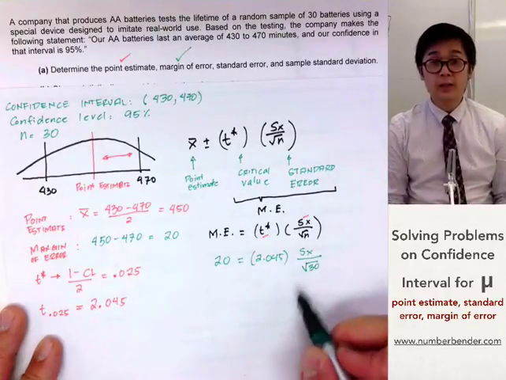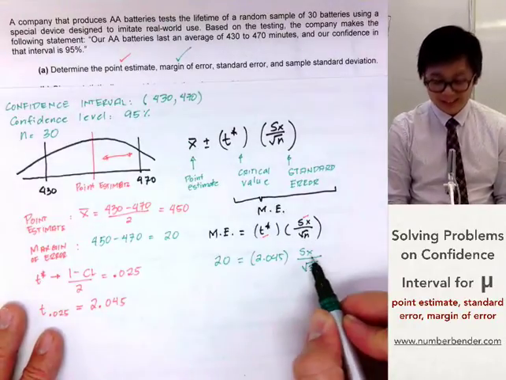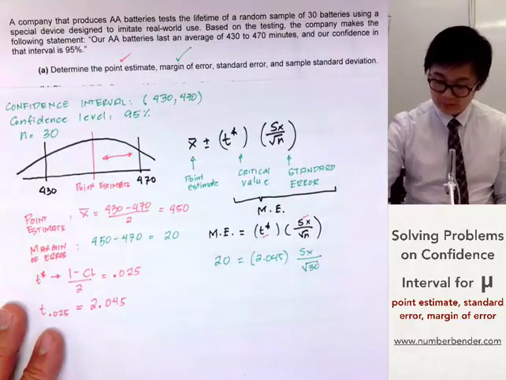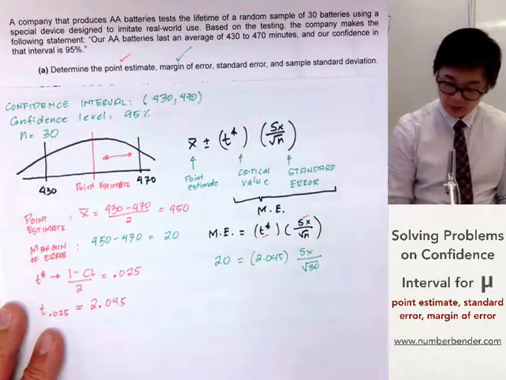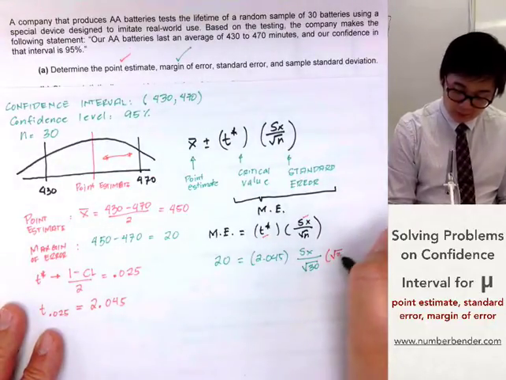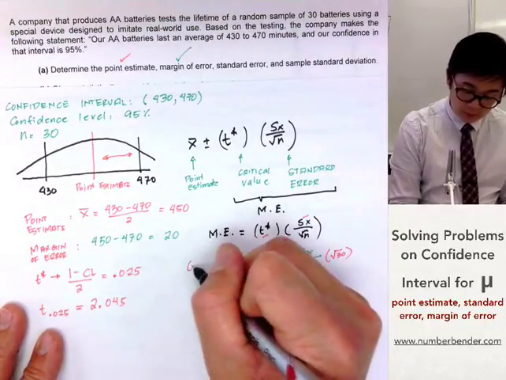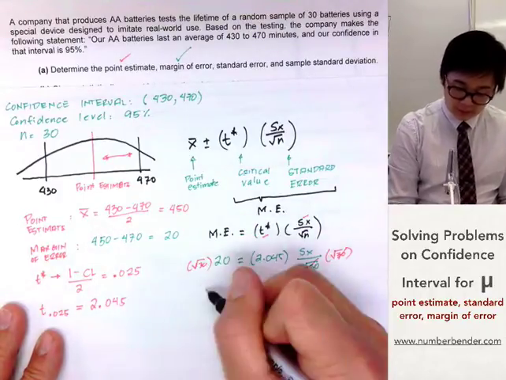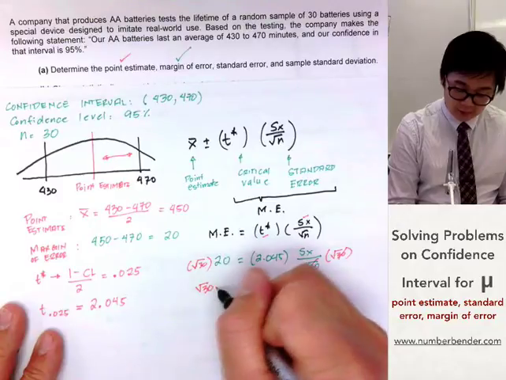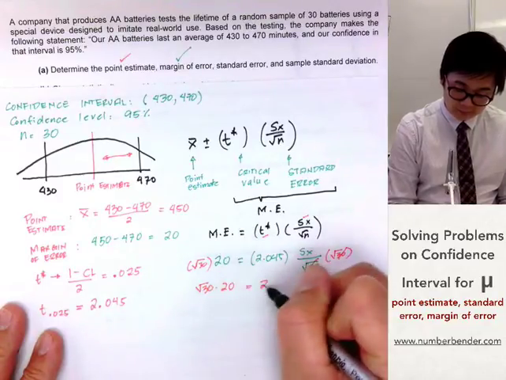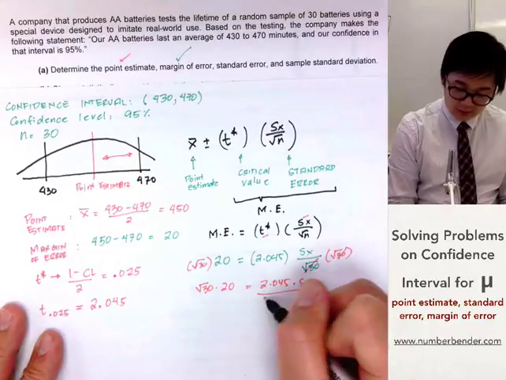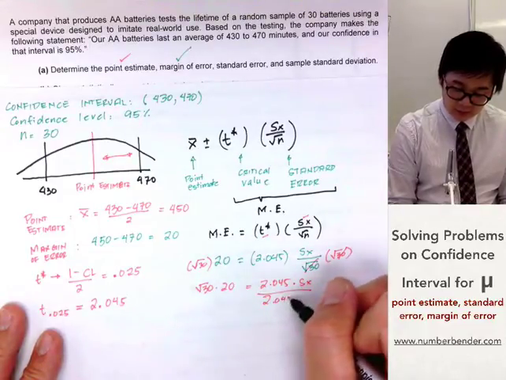Now we're only missing Sx. By algebra, first let's get rid of the square root of 30 by multiplying both sides by the square root of 30. So this cancels out, leaving us square root of 30 times 20 equal to 2.045 times Sx.